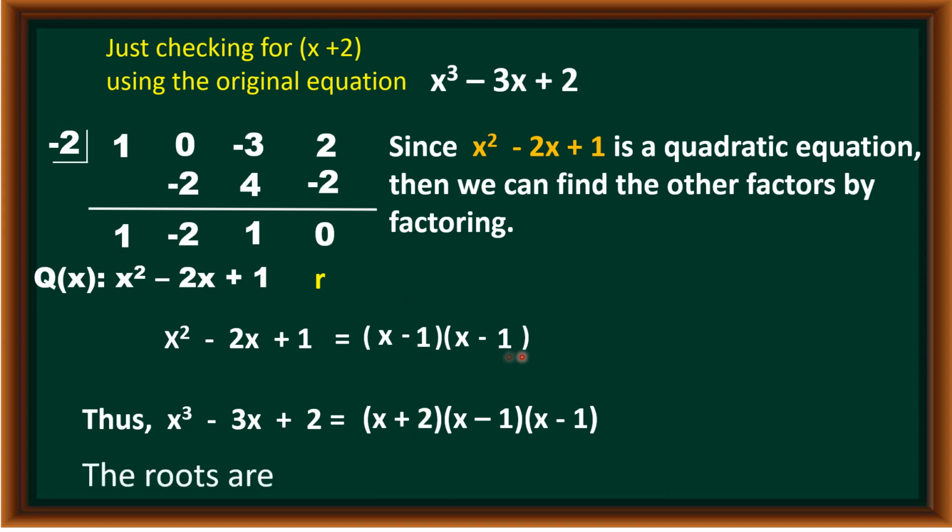And then, itong dalawa, x minus 1 times x minus 1. Ayun. So, pareho din pala. So, pwede kayong mag-synthetic division, kung mas madali sa inyo, go on and so on, hanggang makuha niyo lahat ng factors. O kaya, pwede rin naman kung sanay kayo mag-factoring, pwede niyo pagkatapos yung makuha yung ito, i-factor niyo na lang. Pwede rin naman yun.